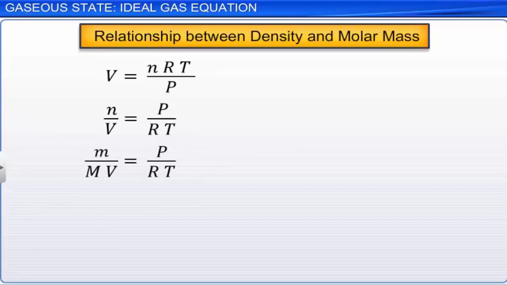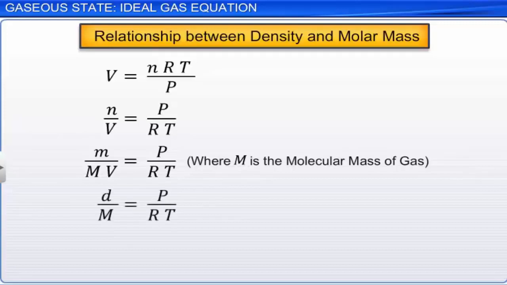Thus, we can rewrite the equation as d divided by M is equal to P divided by R into T. On rearranging the equation, we get the relationship to calculate the molar mass of the gas as M is equal to d into R into T divided by P.